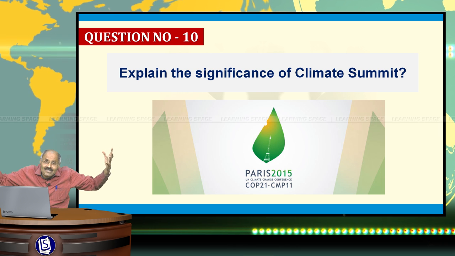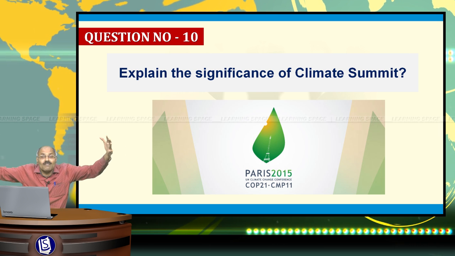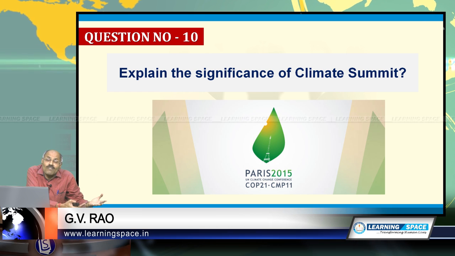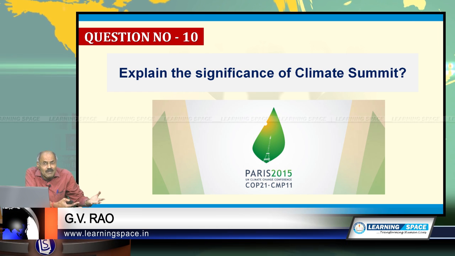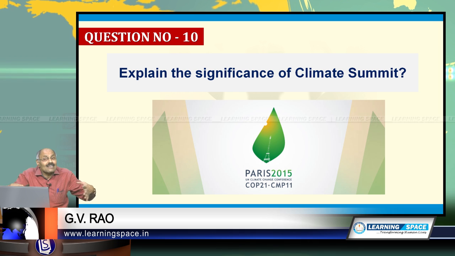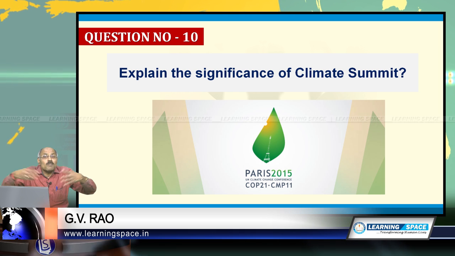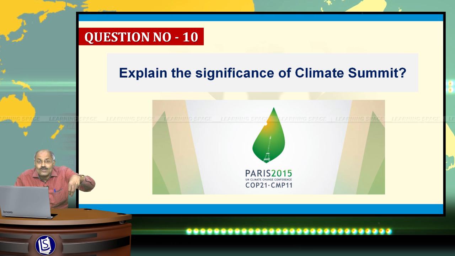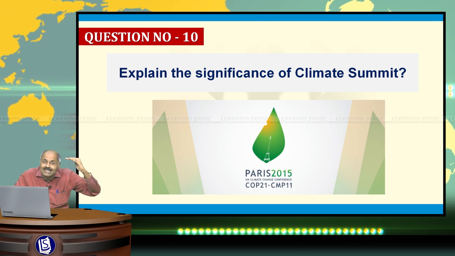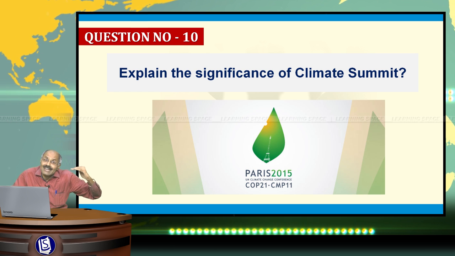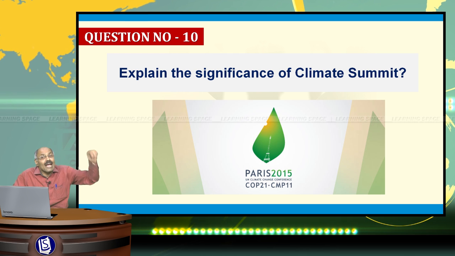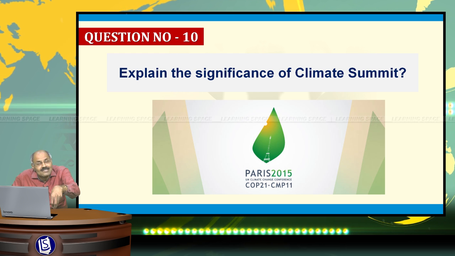Because of the rise in temperatures, icy glaciers will melt, because of which low-lying countries will be submerged and people may be required to be displaced, and there are other disturbances also because of the increase in temperature. So as to reduce the temperature increase, we have to reduce carbon dioxide emissions. Keeping that in mind, this climate summit assumed significance.